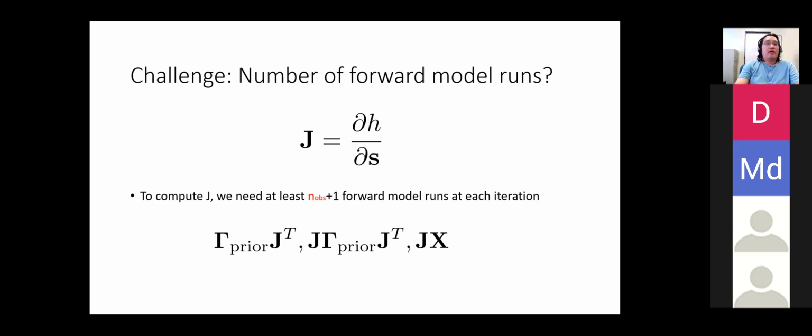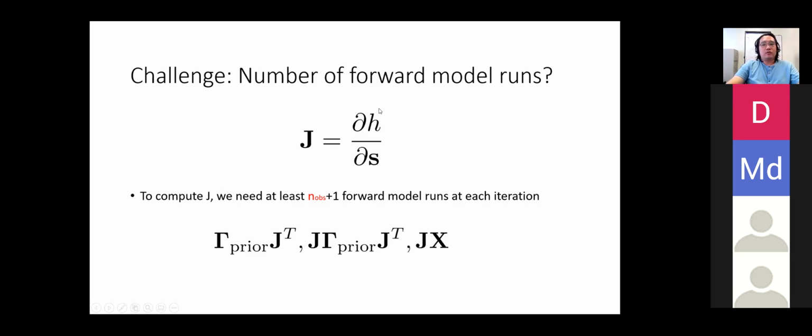And again, once you construct this gradient matrix, the Jacobian matrix, in the estimation problem you need to combine your prior knowledge with this sensitivity matrix. This is also a dense matrix multiplication problem, but it can be dealt with very efficiently with what I mentioned before about the compression algorithms.